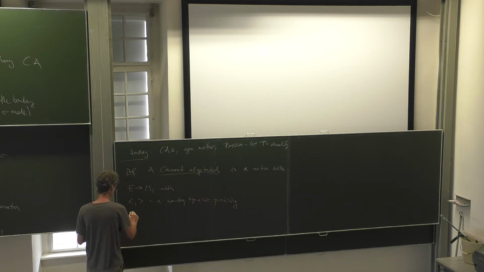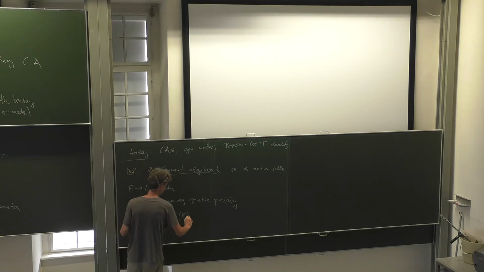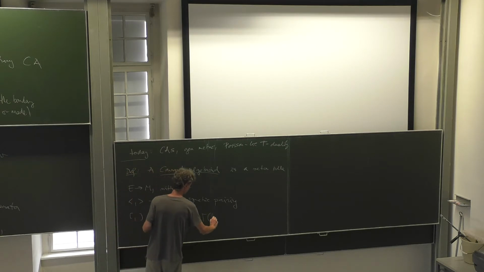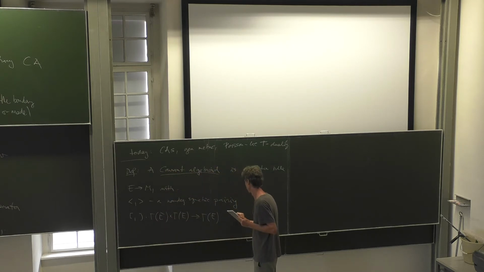The second thing is a bracket, which takes two sections and produces another section. This is what is called a Courant bracket.